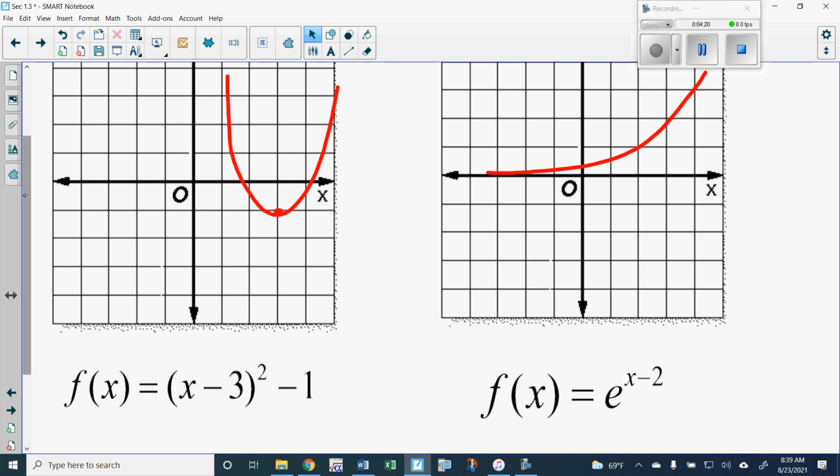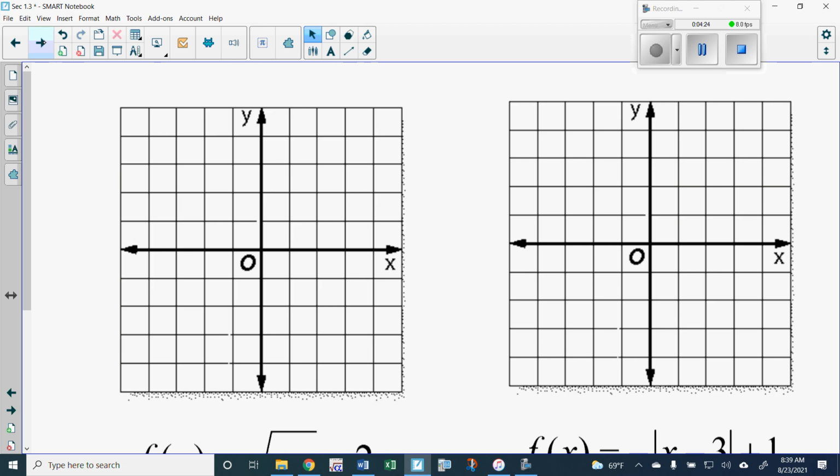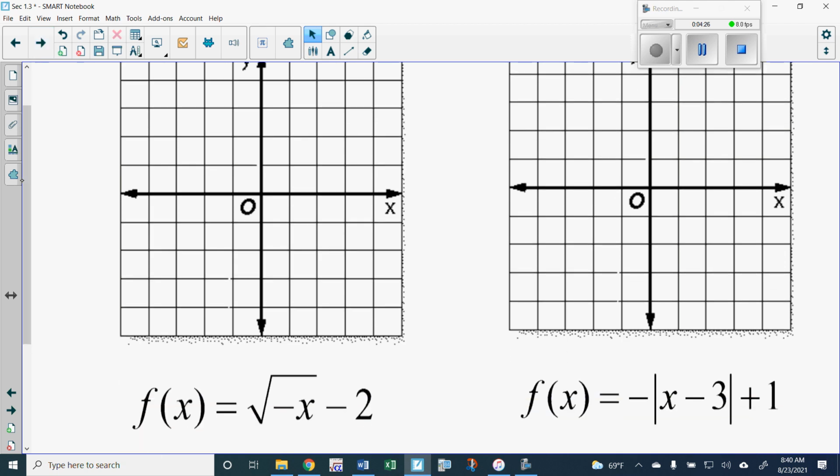Try those two: square root and absolute value.